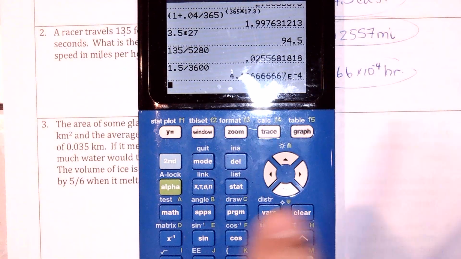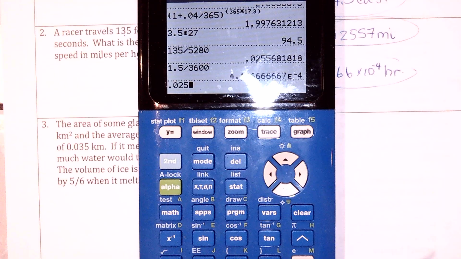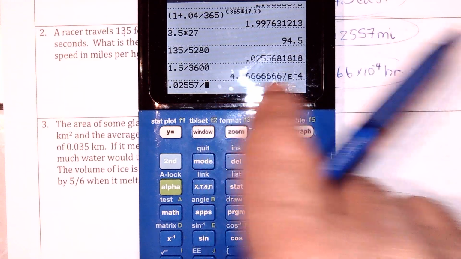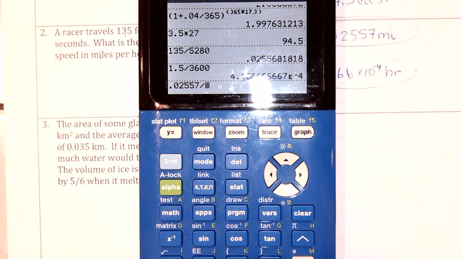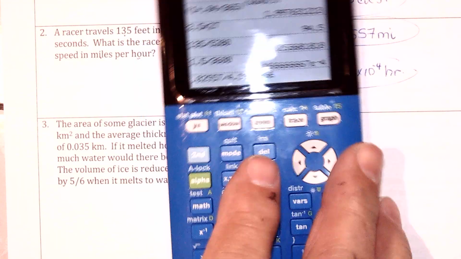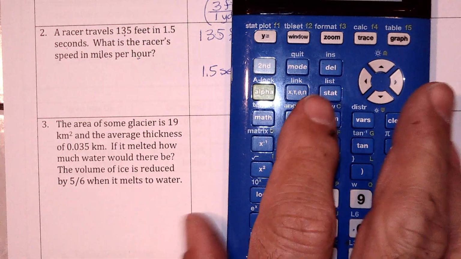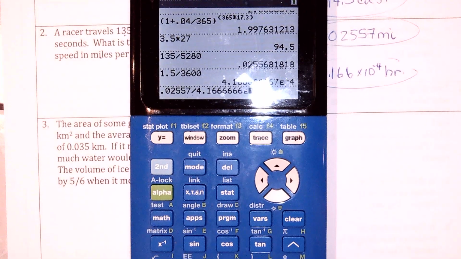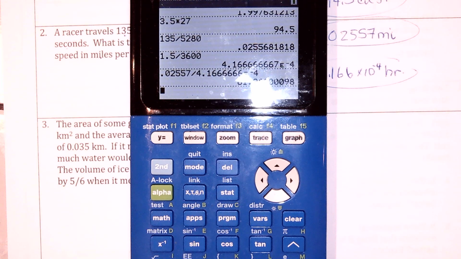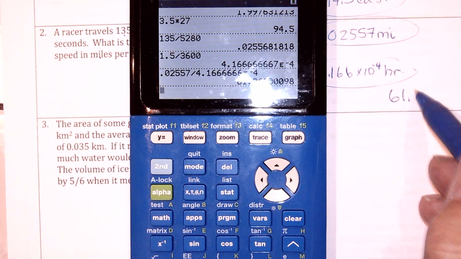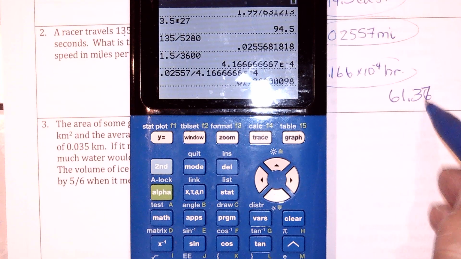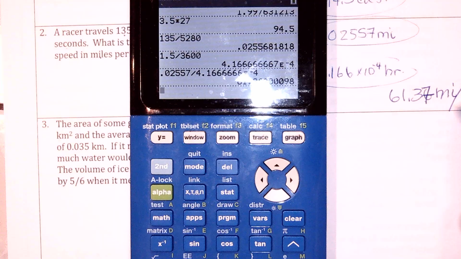So I'm going to do 0.02557 divided by, and to type this in, I would go 4.16666. Enter exponent. On the calculator, it's a double E. Enter exponent. E for enter, E for exponent of 10 of -4. And it's going 61.37 miles per hour.